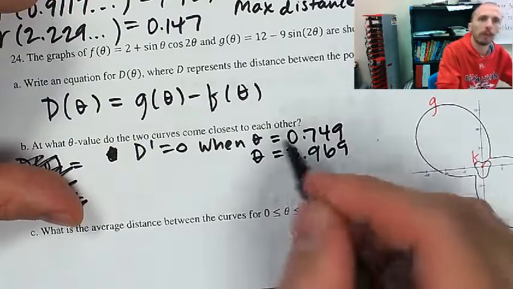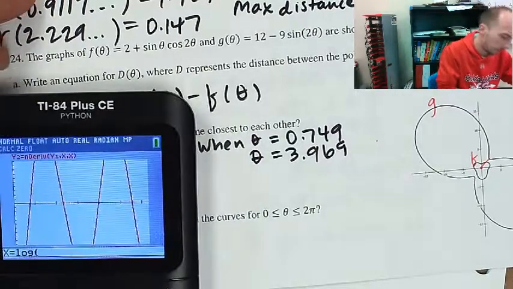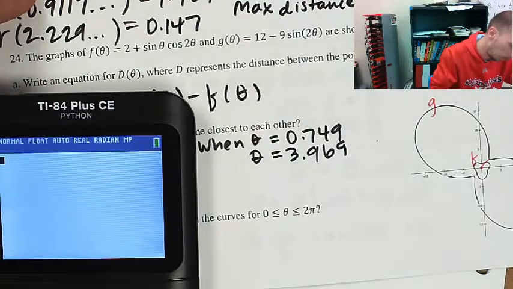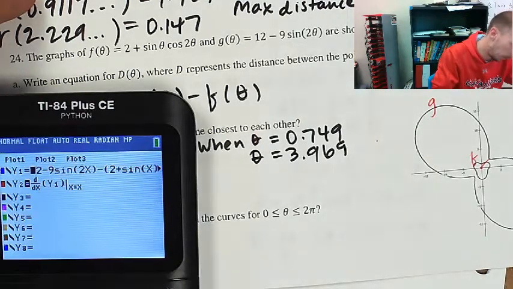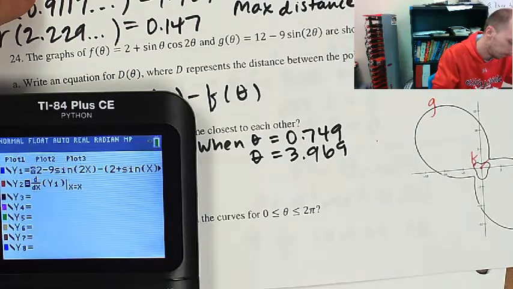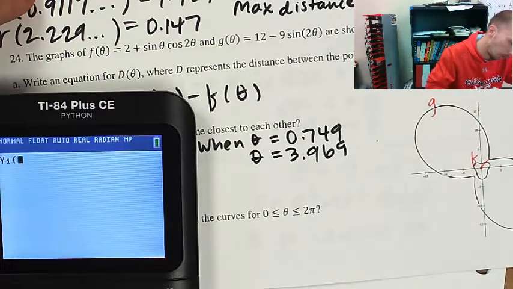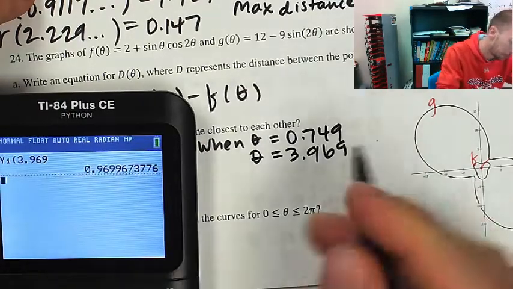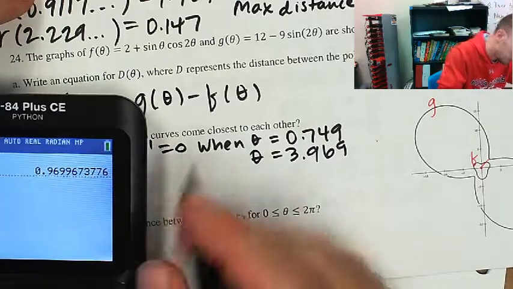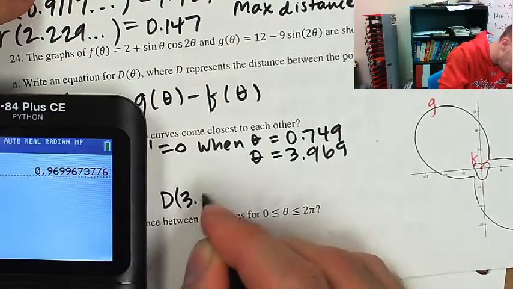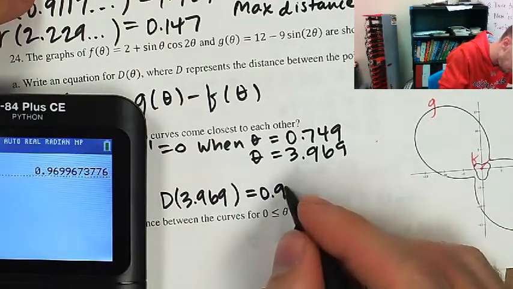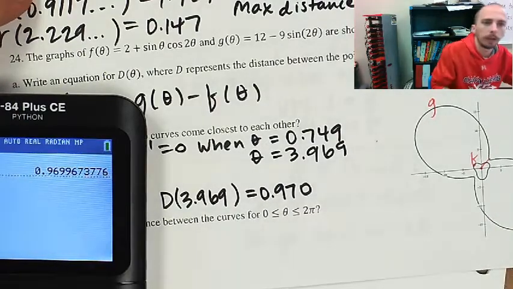Anyway, I'm going to run these through d of theta, right? And so I'm going to quit and evaluate. Okay, right, y1 is d. So I'm going to run y1 of 3.969, which I know is kind of rounded off, but it's all right. All right.